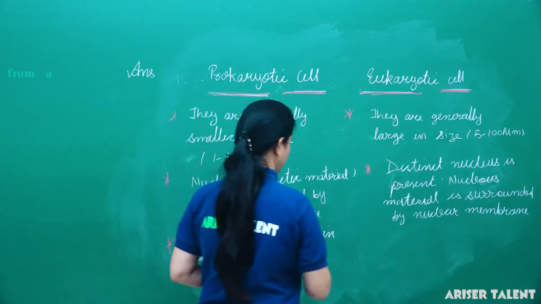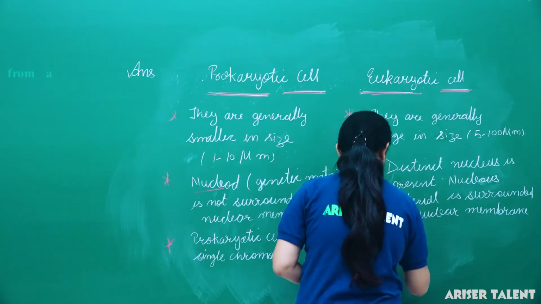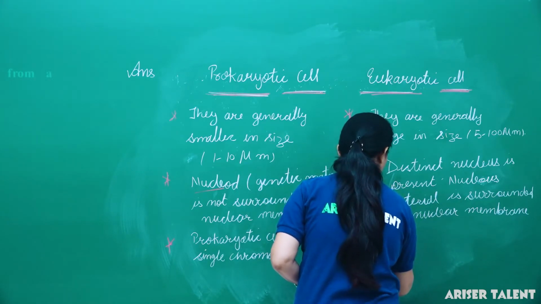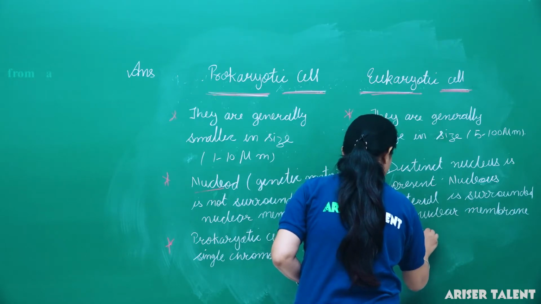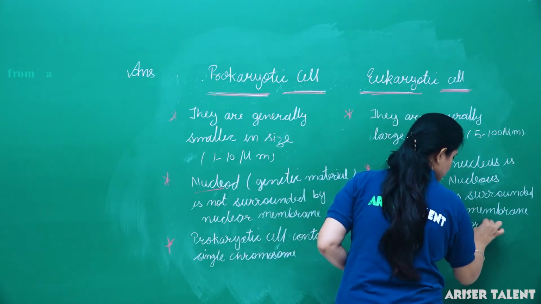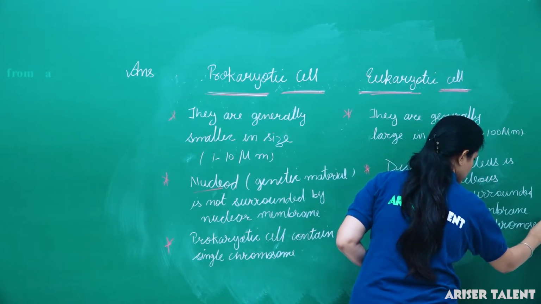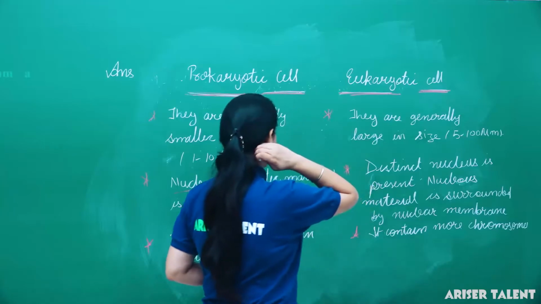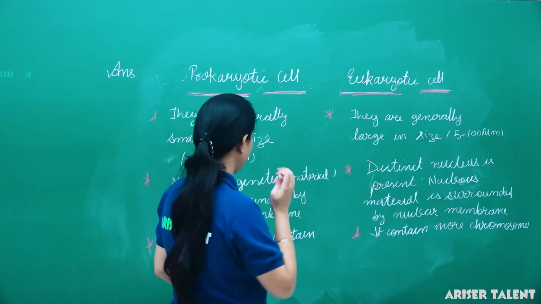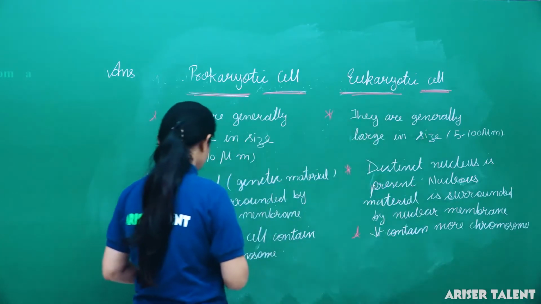Okay, they contain a chromosome. The eukaryotic cell contains more chromosomes than the prokaryotic cell.